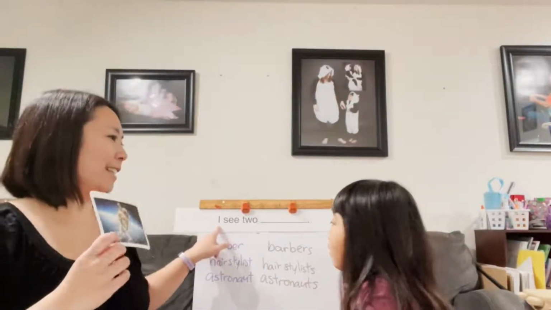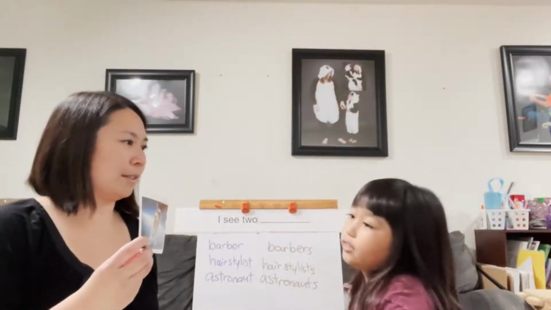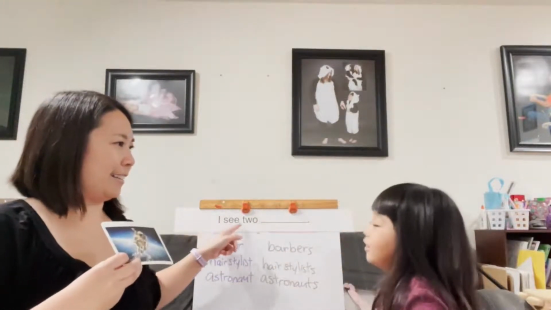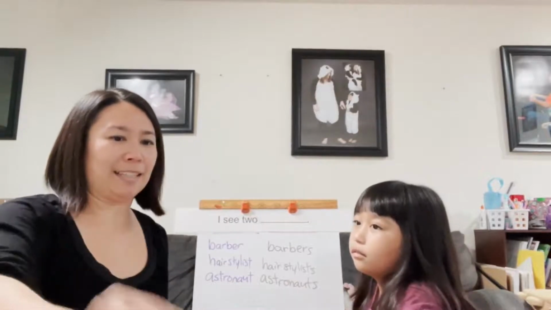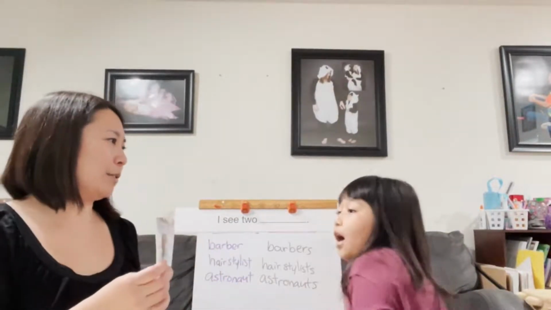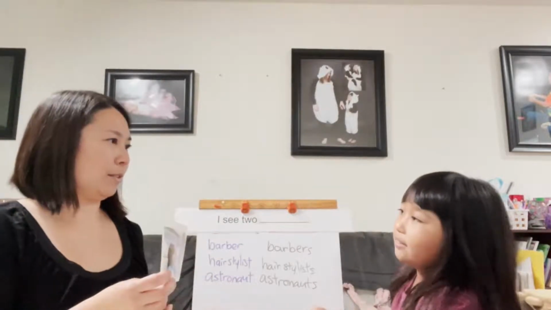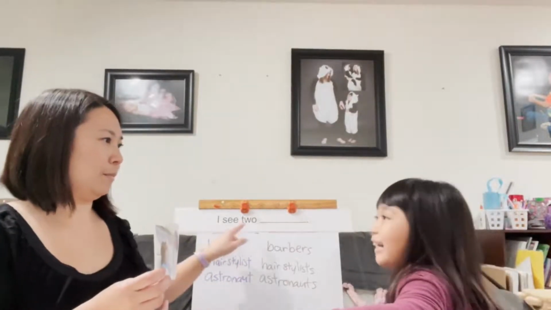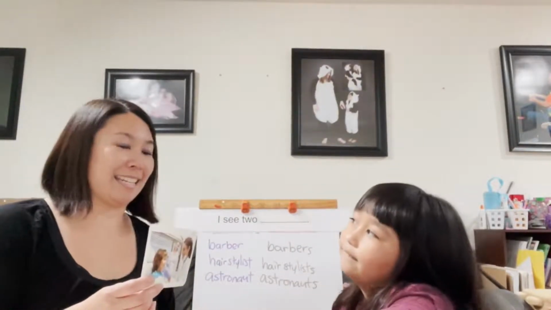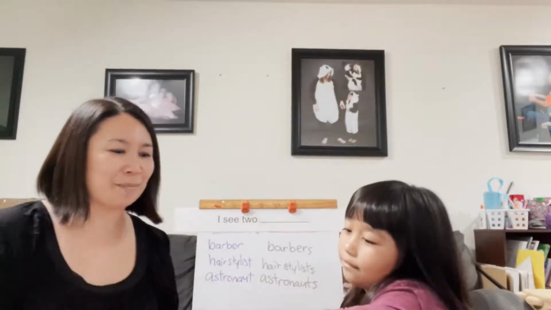I see 2 astronauts. Okay, so ready? Who do you see? I see 2 astronauts. Excellent. All right, let's try it all by yourself. Who do you see? I see a dentist. I see 2 dentists. Good. So I see 2 dentists and 1 dentist, a dentist. Excellent job.